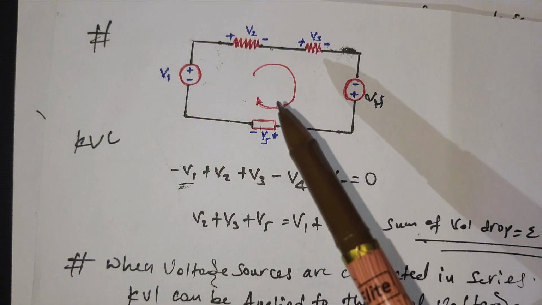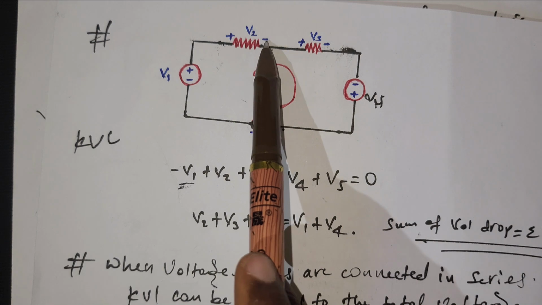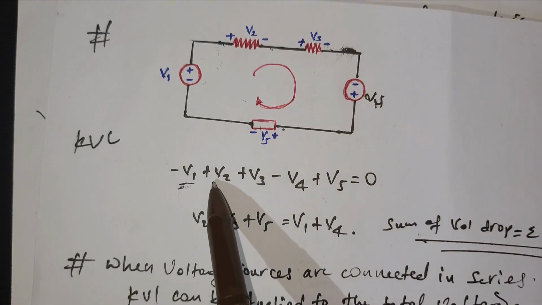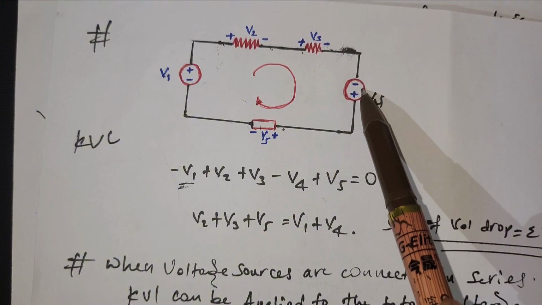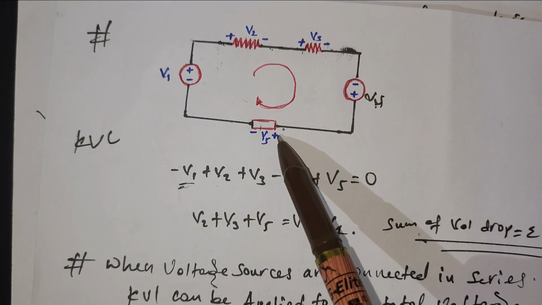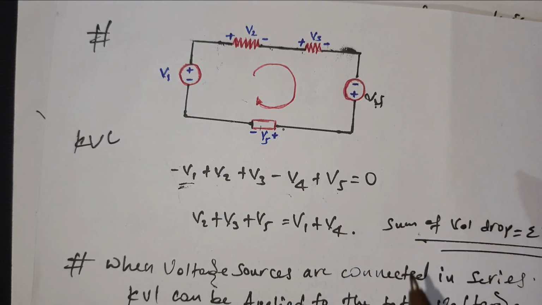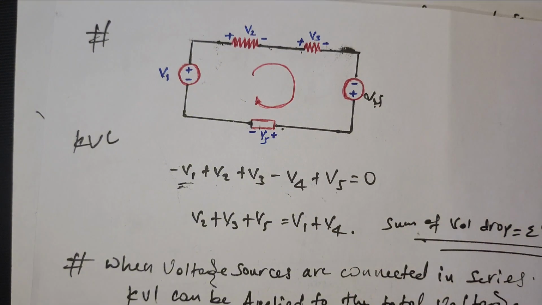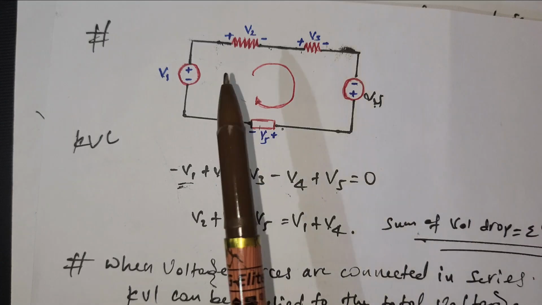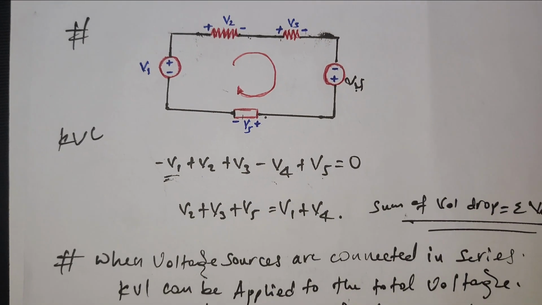Entering the positive and leaving through the negative, then it's positive. Positive for this one, negative for this one, because it enters into the negative terminal, and positive for this one, V5 positive. V1 and V4 are voltage sources. In these elements, energy is dissipated. Simply, this convention helps us to calculate and analyze situations.